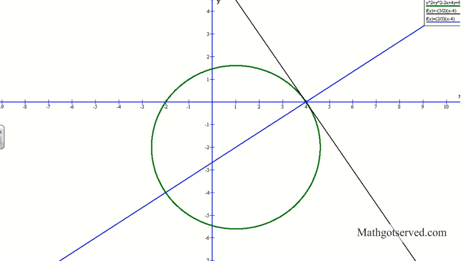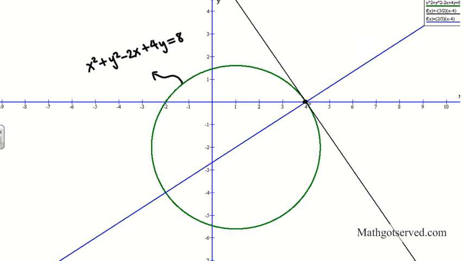Let's label it real quick so that you can really understand what's going on here. This piece right here is the original implicitly defined function that we differentiated, which is x squared plus y squared minus 2x plus 4y equals 8.